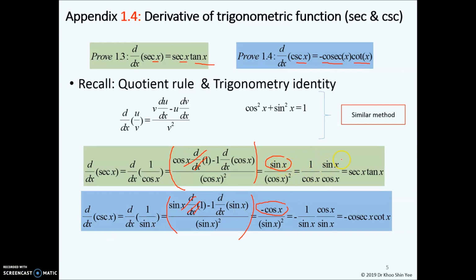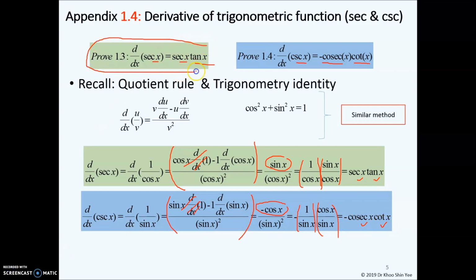Expand this term, we get sine over cos, multiplied with 1 over cos. And 1 over cos is secant, sine over cos is tangent. And lastly, you have negative there, 1 over sine is cosecant, cos over sine is 1 over tangent, which is cotangent.